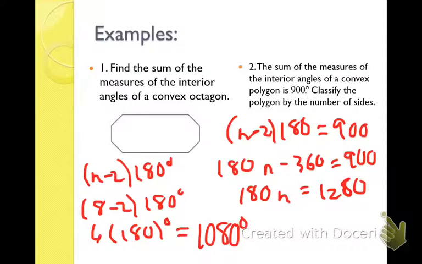Right, and then how many times does 180 go into 1260? Yeah, 7. N equals 7. So the shape has 7 sides. What do we call a 7-sided shape? Anybody remember? Yeah, heptagon. So we have a heptagon.